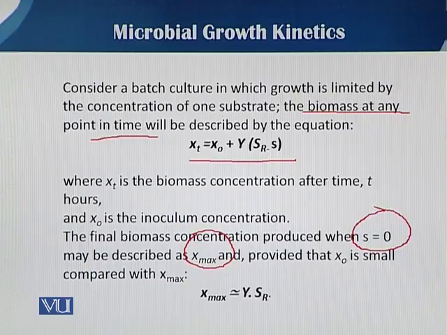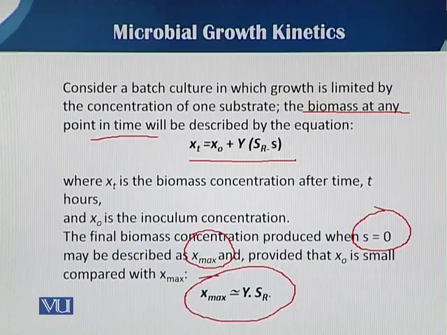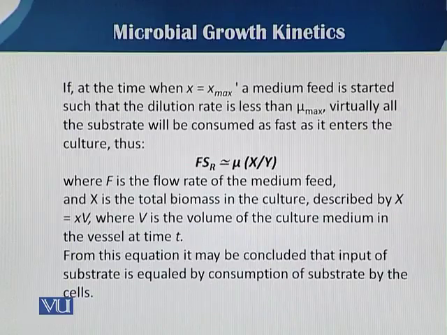So we can write this equation: X maximum is approximately equal to Y times S_R. So maximum biomass can be produced as long as a substrate is present in the medium. If X is equal to X maximum, the medium feed is started such that the dilution rate is less than mu max.